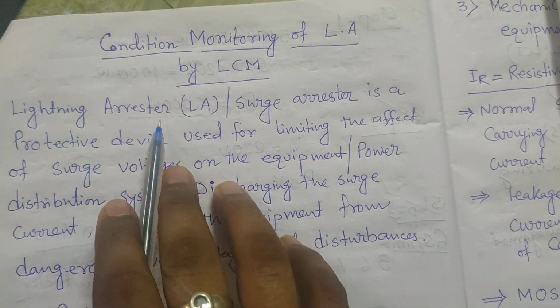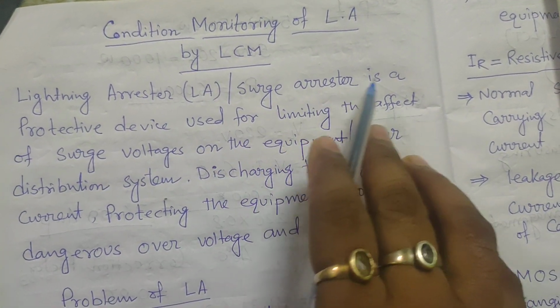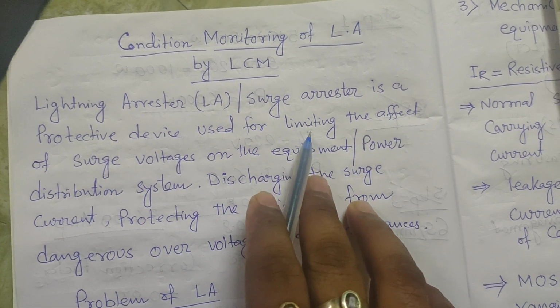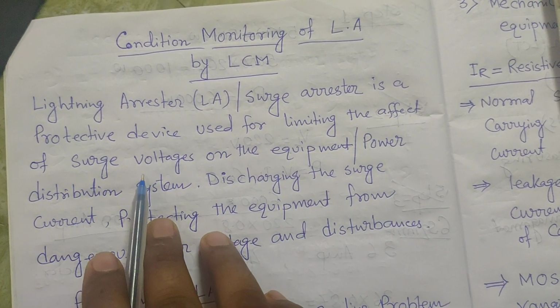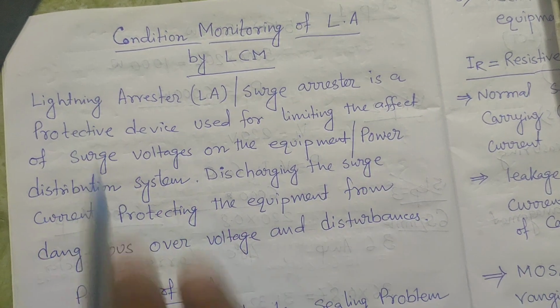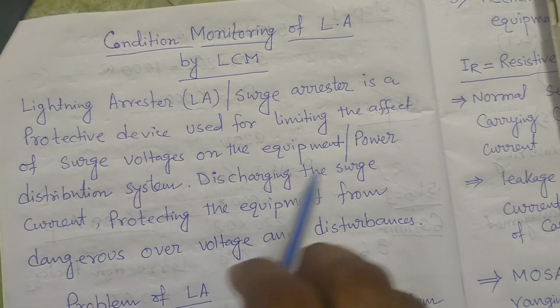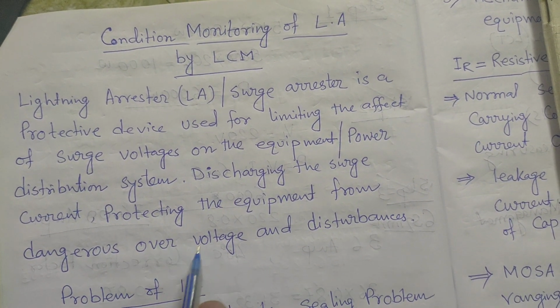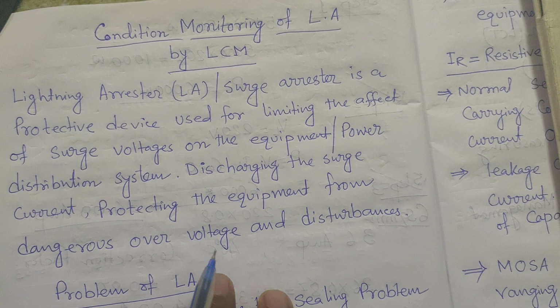So a lightning arrestor or surge arrestor is a protective device used for limiting the effect of surge voltage on the equipment or power distribution system, discharging the surge current, protecting the equipment from dangerous overvoltage and disturbances.